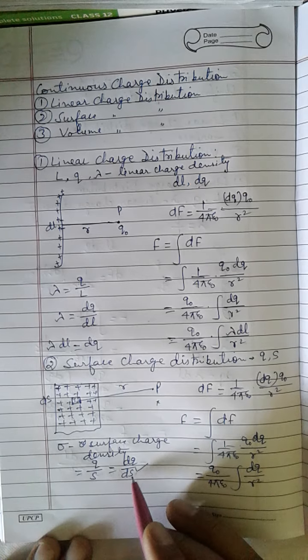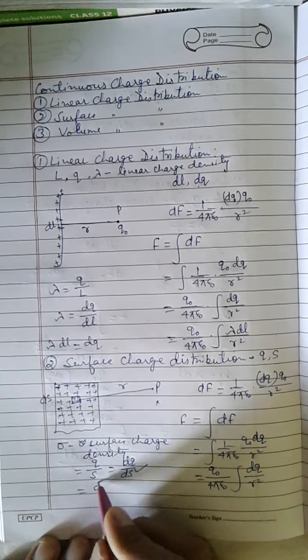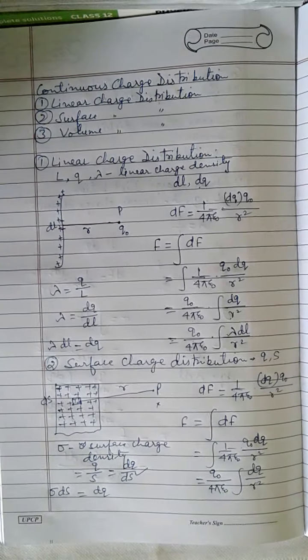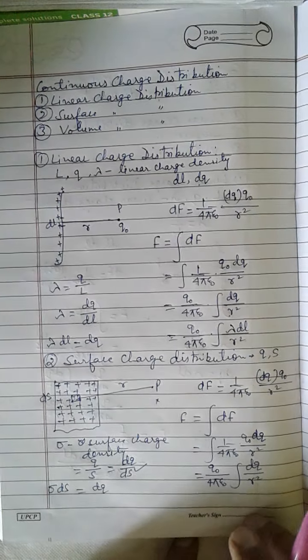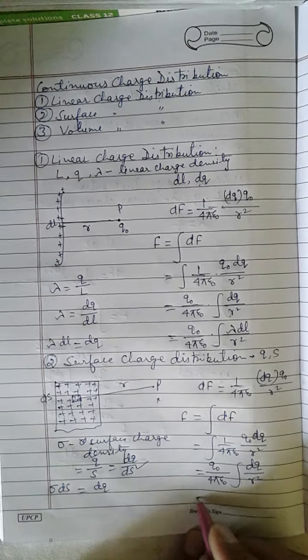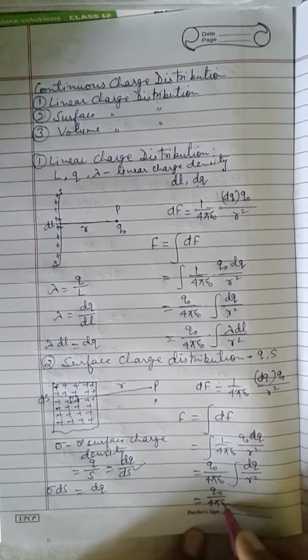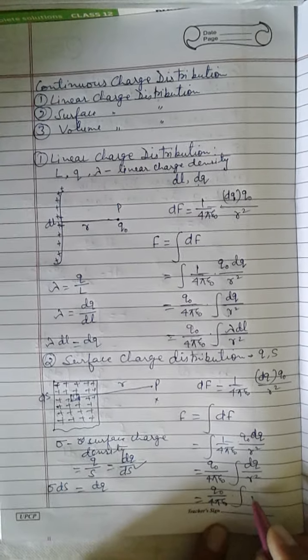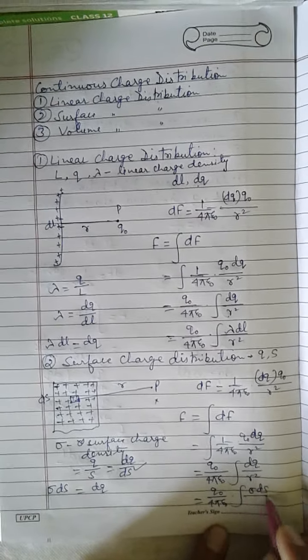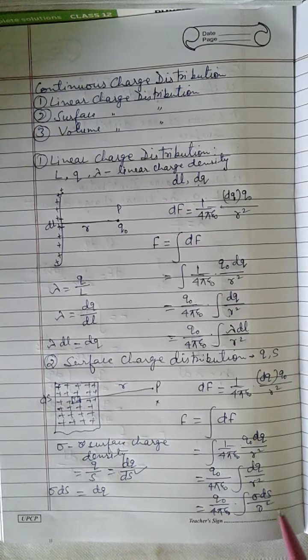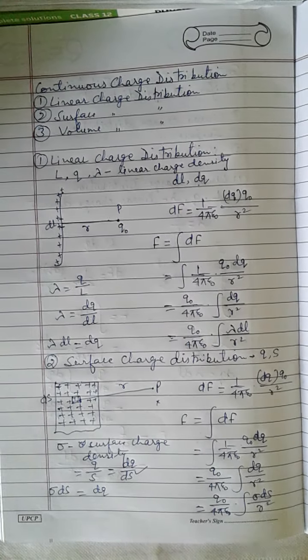From here take the value of dq, it is sigma ds, and finally we write this formula: q naught upon 4 pi epsilon naught, integral of sigma ds upon r square. So this is the formula for surface charge distribution.